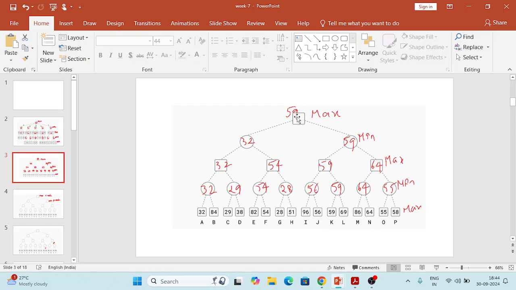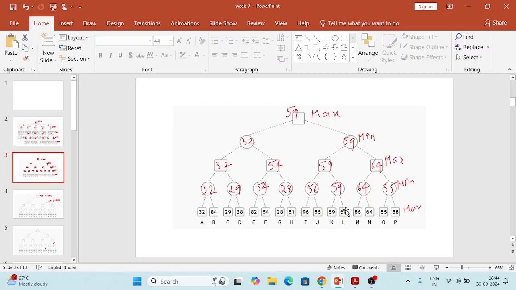Okay, so 59 we are having the value. Go back to where we got this 59. This 59 we got from these two. So this 59 and the 64 were compared, the minimum is 59. That's why we consider these two. And this 59 comes from K, L, because this value also affects this 59.